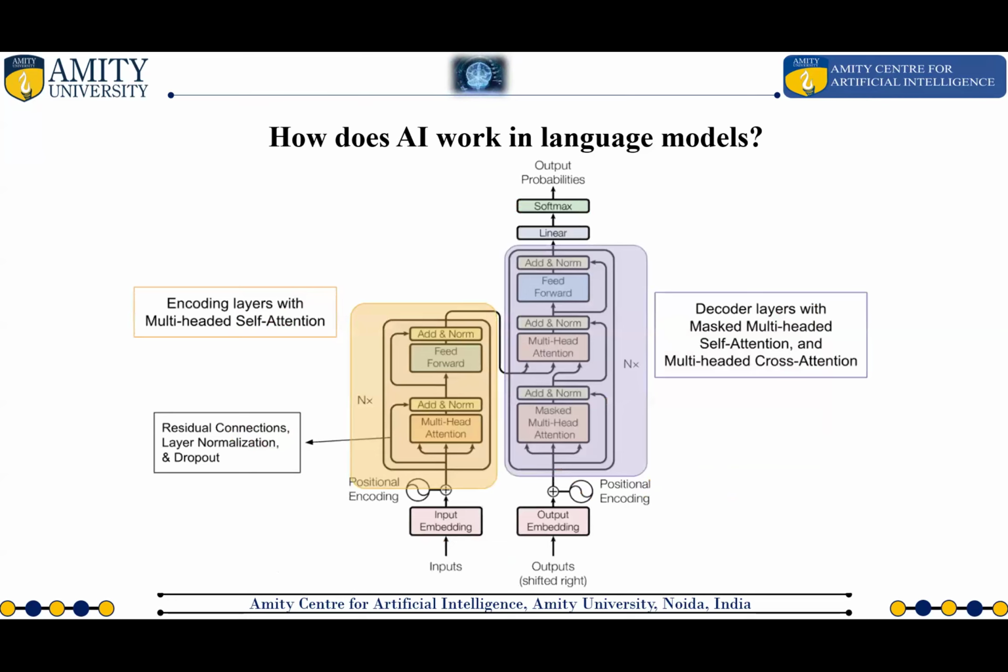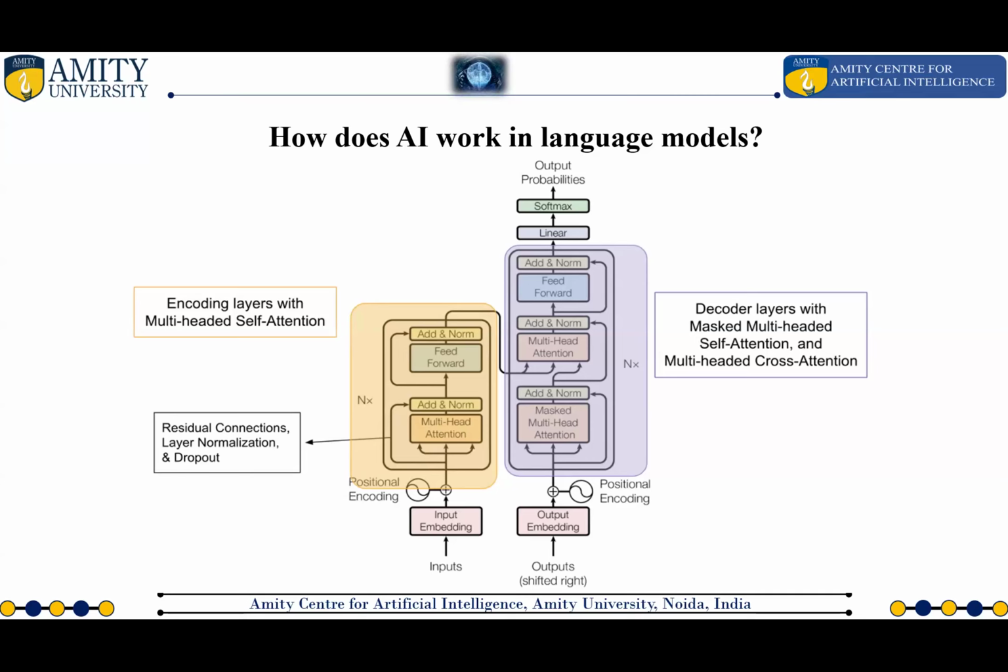So this is basically the major architecture of our transformer, which was invented by Vaswani et al. in 2017. It has two parts. I have told you earlier, encoder and decoder.